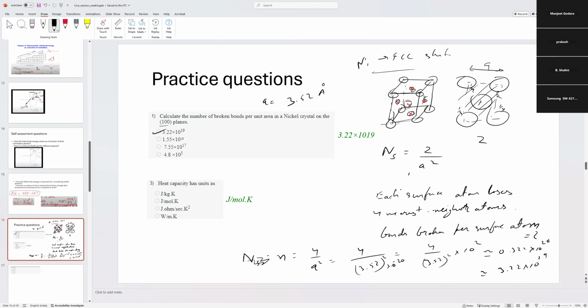So we get that. So for this, the additional information you need is that the lattice parameter a for nickel is 3.52 angstrom and that nickel is FCC.